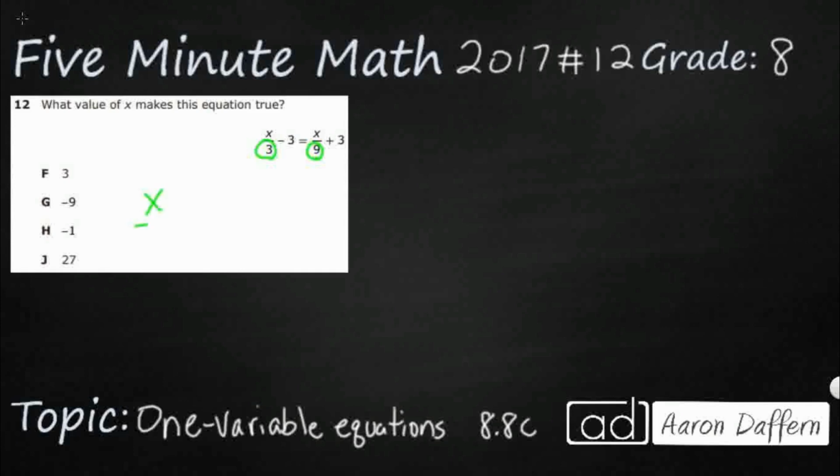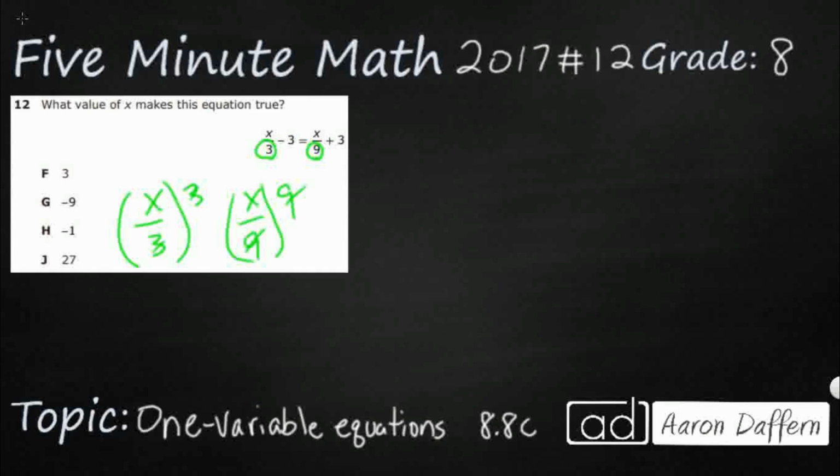My x over 3, if I were to multiply that by 3, the 3 and 3 would cancel each other out. If I multiplied the x over 9 by 9, that would cancel each other out. But I only want to multiply it one time.